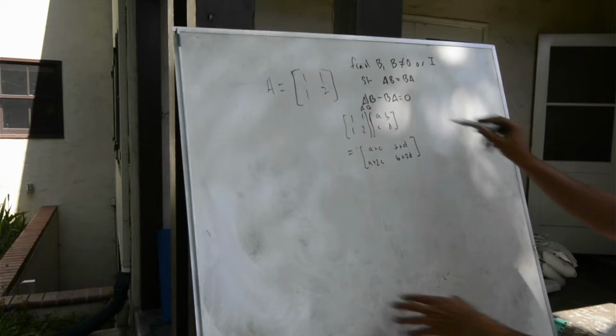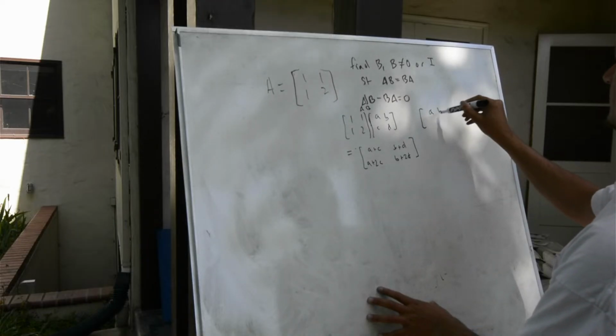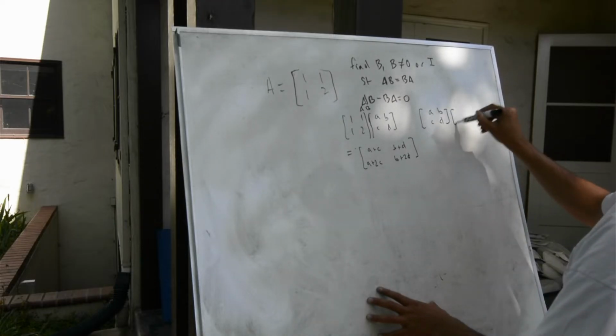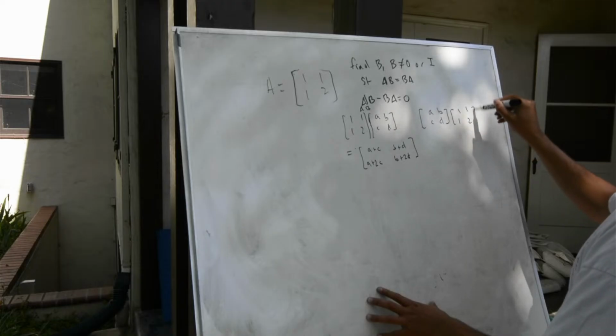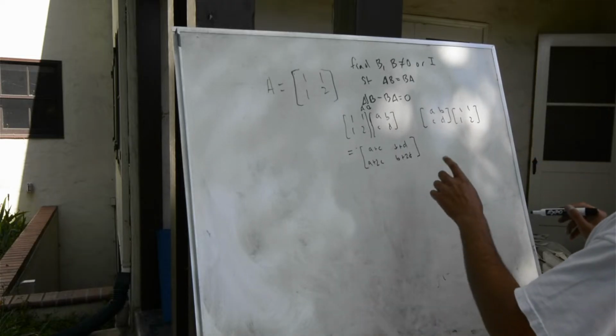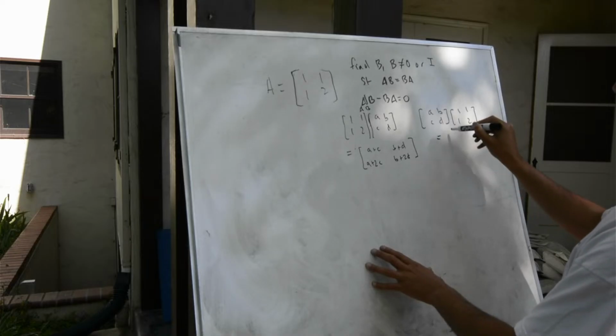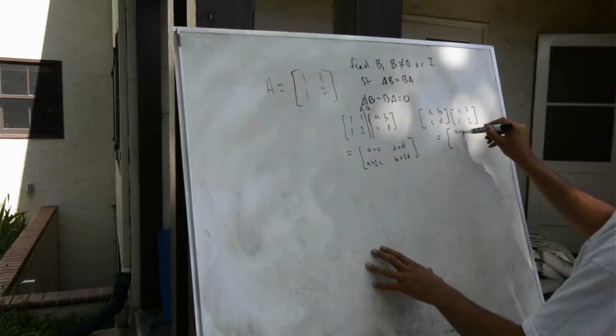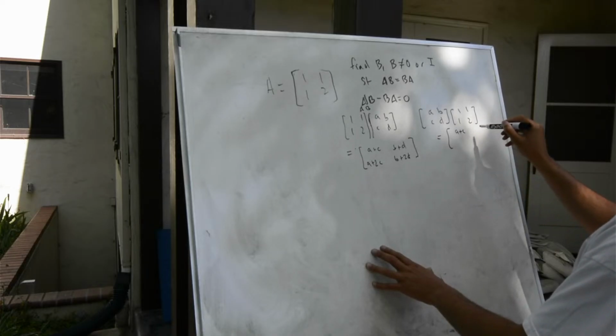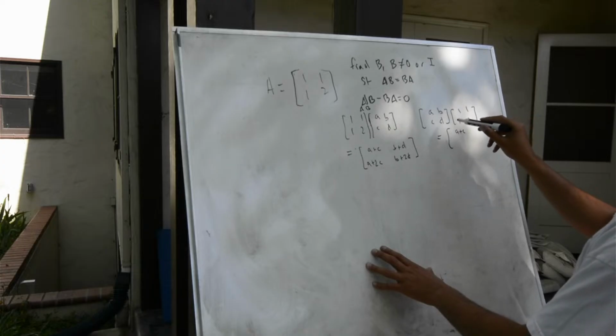And then A, B, C, D times 1, 1, 1, 2. This is going to be scaling its column. I believe that this is going to be equal to A plus C, wait.